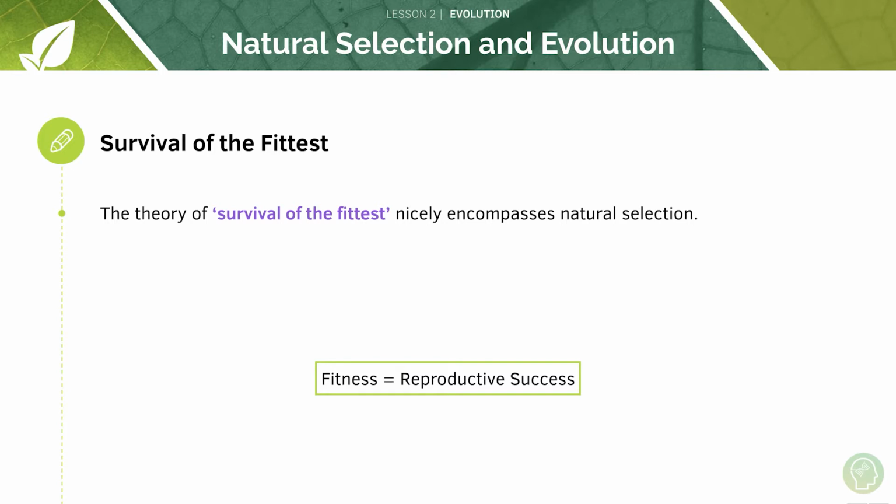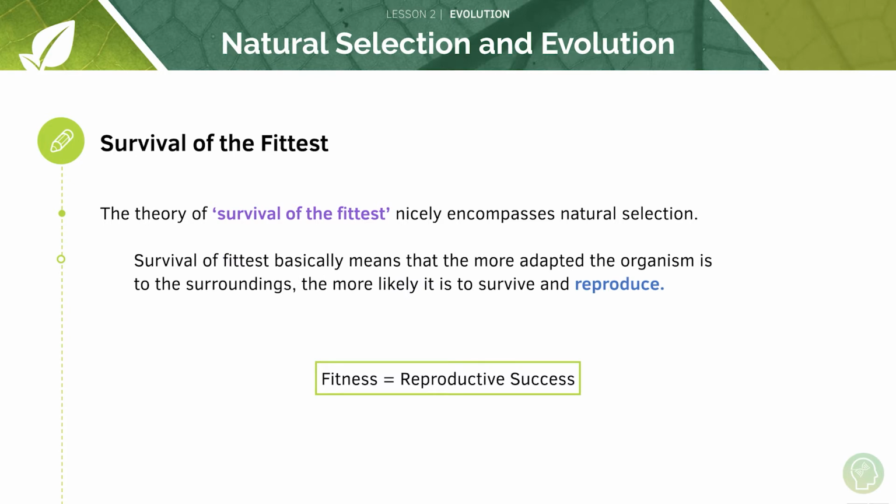The theory of survival of the fittest nicely encompasses natural selection, so it's a really good way to summarise natural selection. Survival of the fittest. It basically means that the more adapted the organism is to the surroundings, the more likely it is to survive and reproduce.